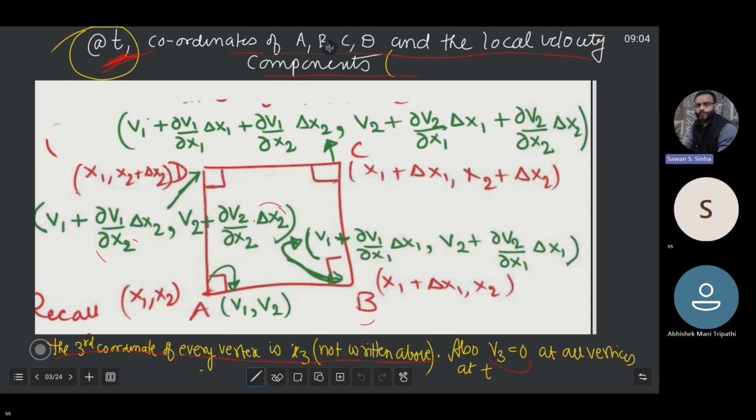So this slide again, it's a reminder what kind of information we required for this tracking. Things in red here are the coordinates of vertices A, B, C, D at what time? These are the coordinates of those vertices at what time?